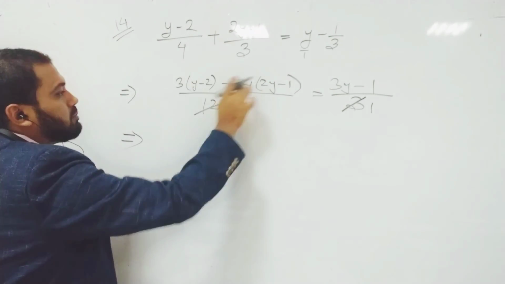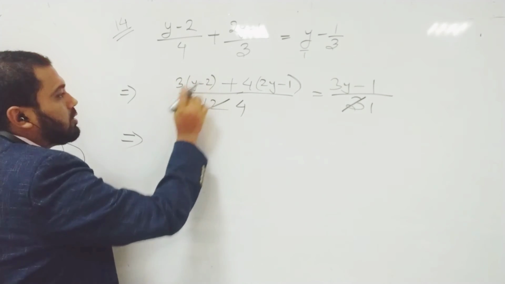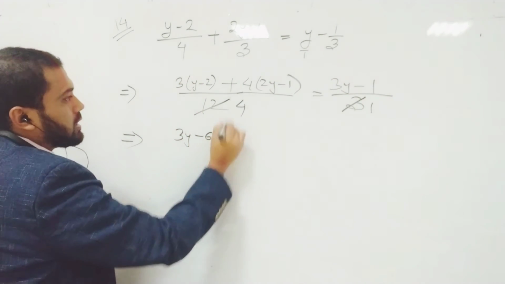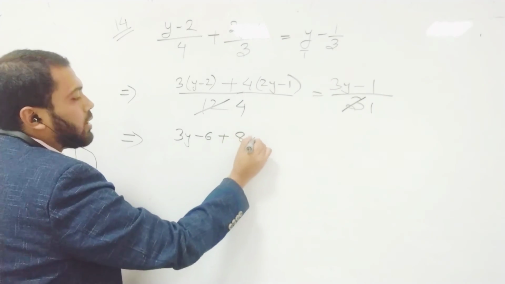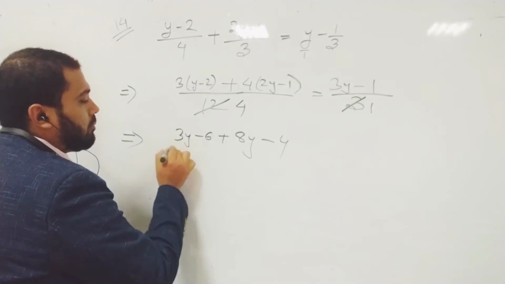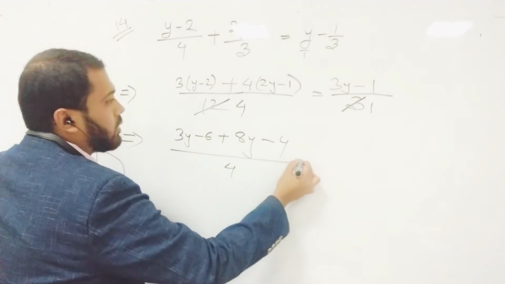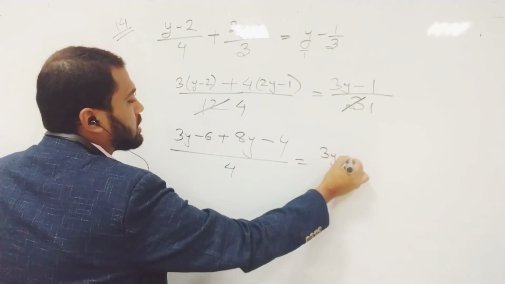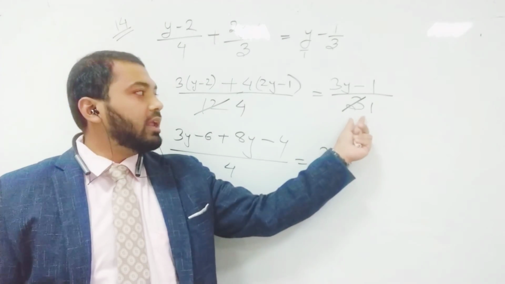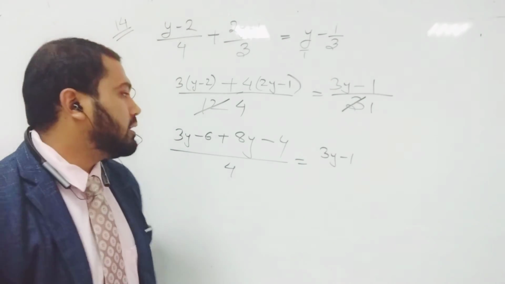So we simplify the numerator part, 3 into y minus 2. So 3y minus 6 plus 4 into 2y is 8y, minus 4 into 1 is 4, by 4 equals 3y minus 1. Since we have a 1 in the denominator, we don't need to write it.